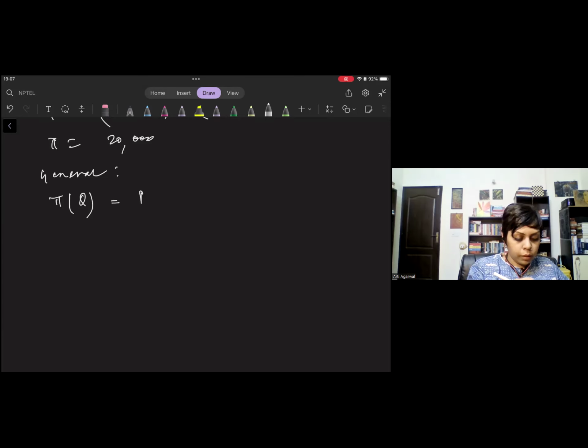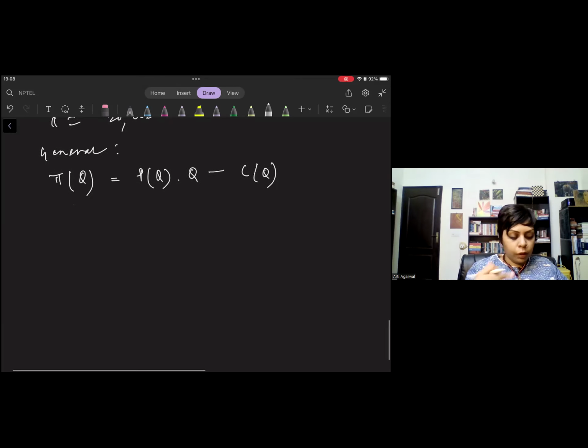So in this case, you're writing P as a function of Q multiplied by Q minus cost, which is, I think, assuming the cost is given to you as a function of Q. If your cost is just given to you in terms of marginal cost, you can just take it as marginal cost. But for now, we are going to take this as a cost function because this is a general case. So for maximization, or let me write this here only, maximize over Q.